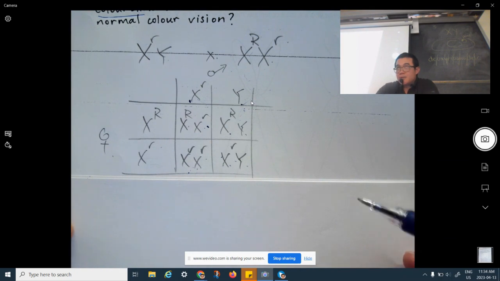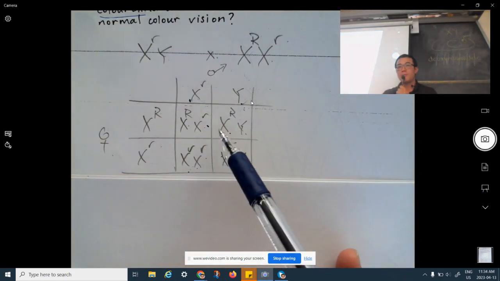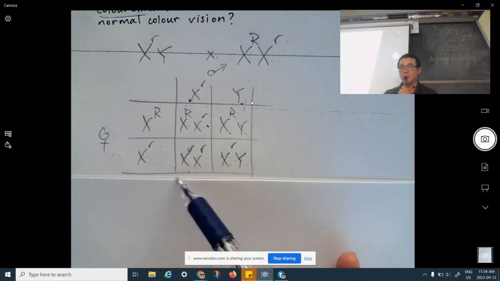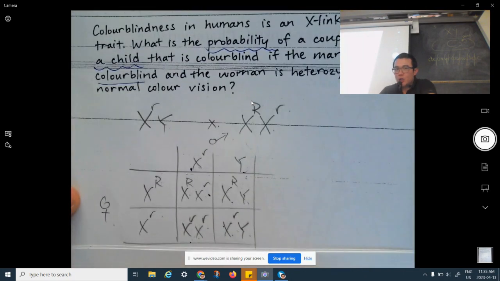So in this case, remember, a Punnett square is to help you calculate probability. Okay. So out of four possible outcomes, what is the question asking? The probability of having a child that is colorblind.